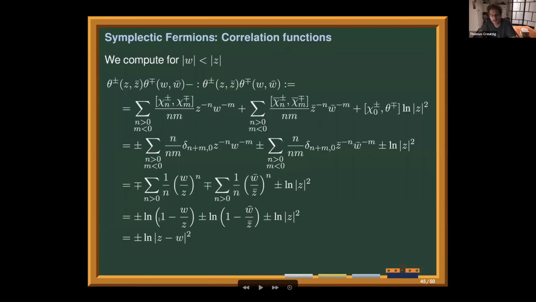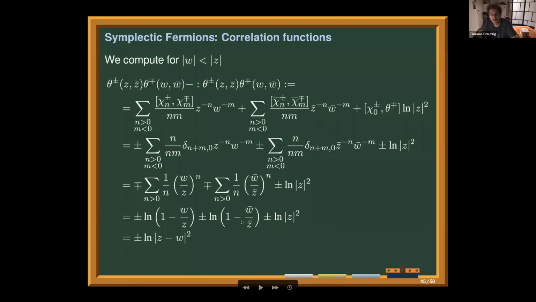And now we think about the rules of logarithm, and they say the sum of logarithms is the logarithm of the products, so that the sum of these three expressions becomes the logarithm of the absolute value of z minus w squared, right?